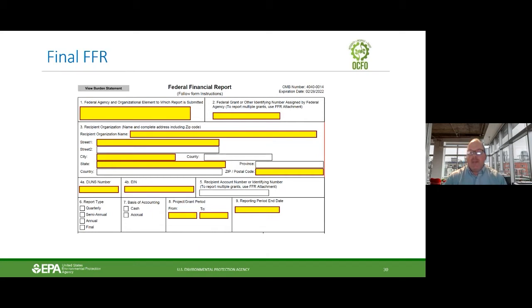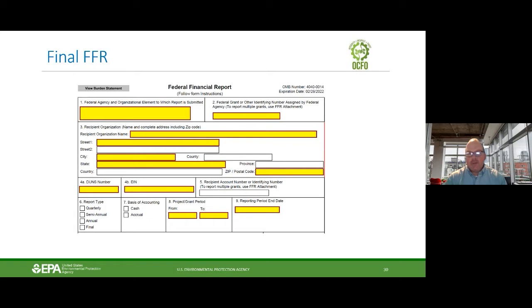And then the reporting period end date. If this is a final report and you want to close out the grant, the reporting period end date should match the to date in block number 8. So it should be the same as the last day of your budget period. Okay. If it's not a final report, then the regulations are a little bit weird here. It can be confusing, but they want you to use the nearest quarter date.